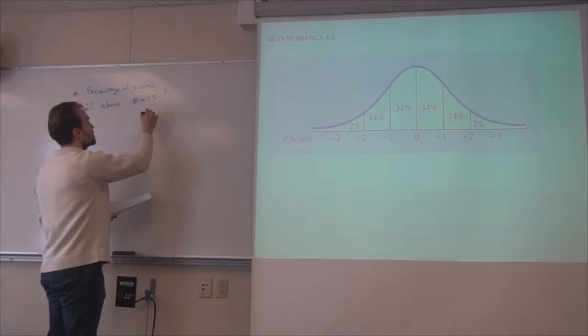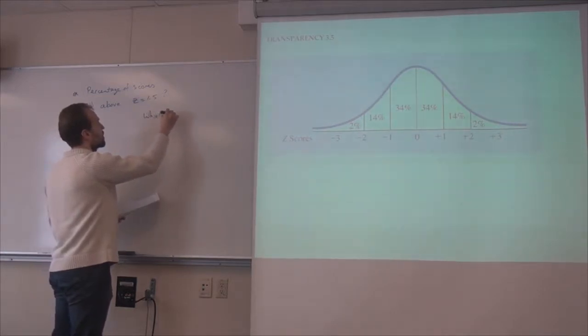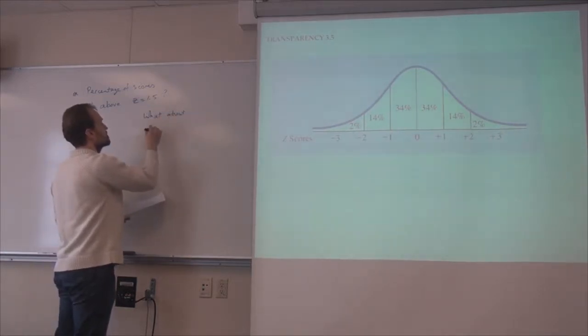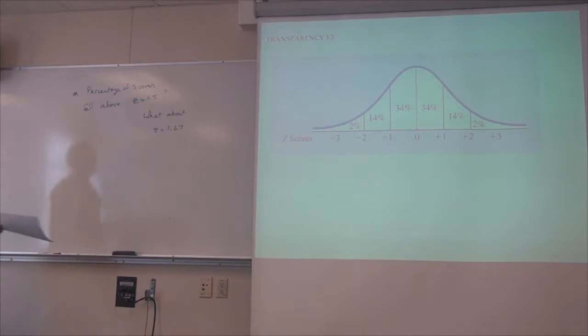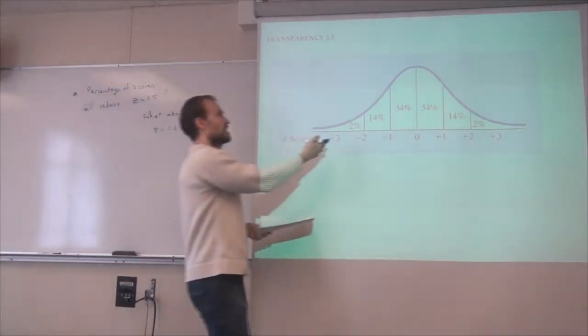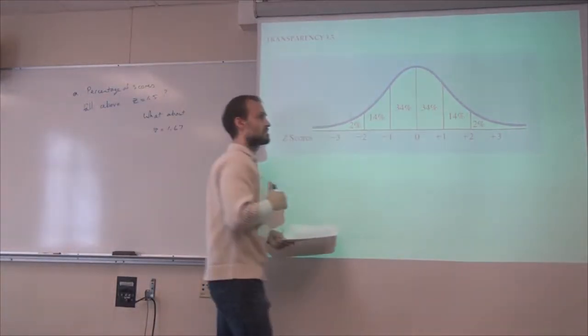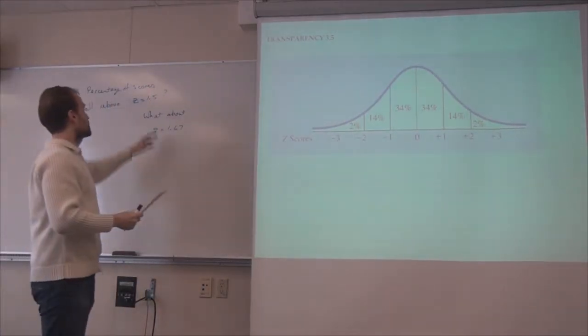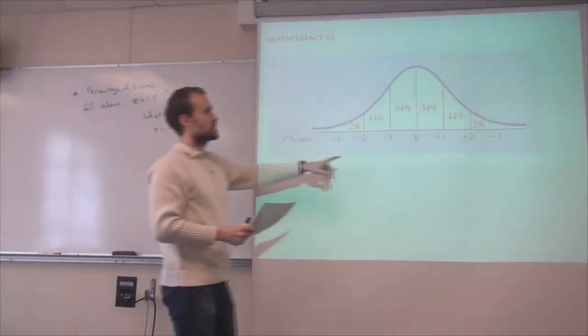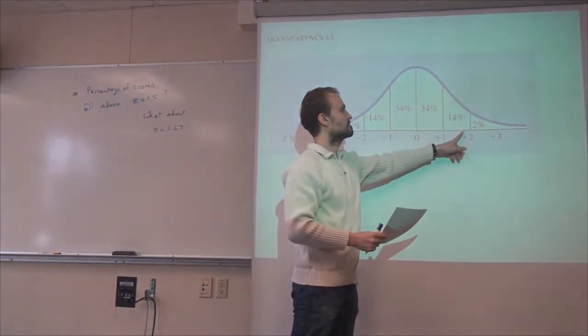What about a Z value of 1.67? I don't know. I have a very limited set of numbers here to work with. They do give me an idea of where I am. For example, if I look at these numbers, it's putting me somewhere over here.